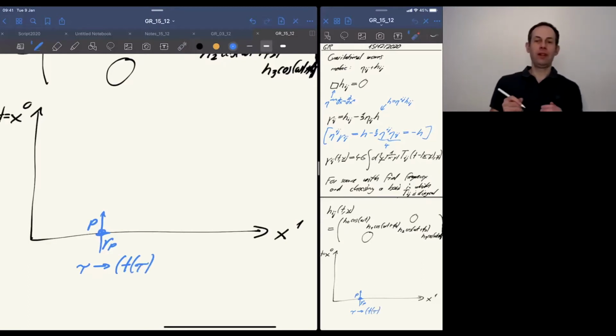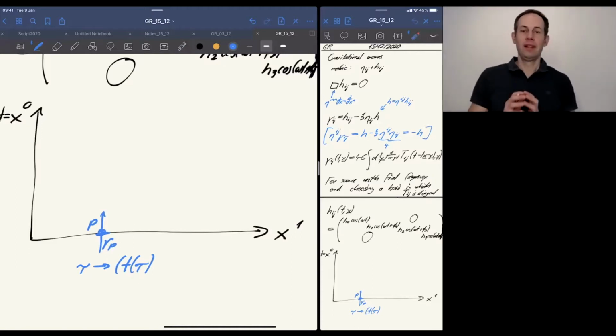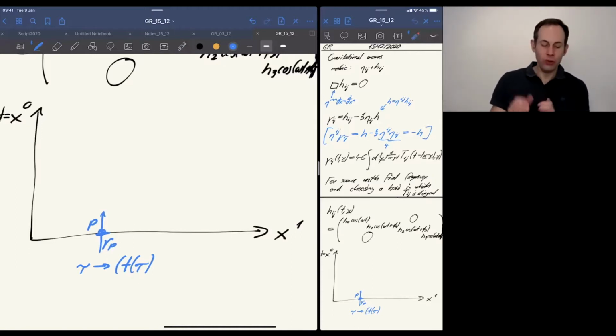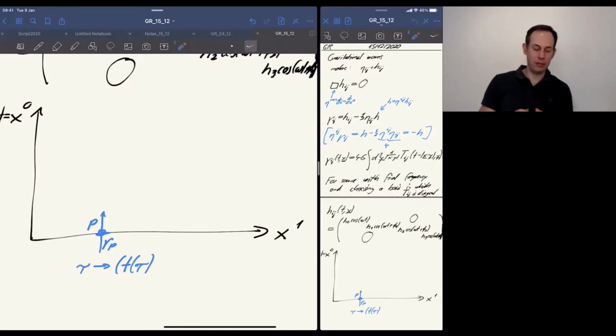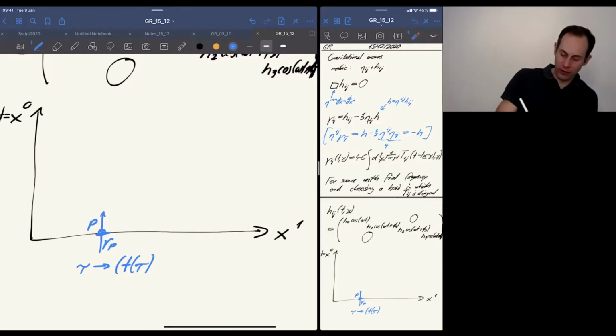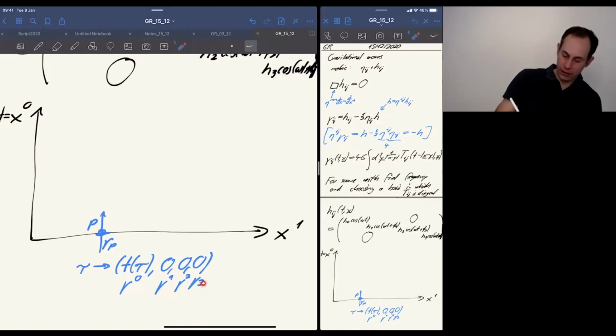If I had chosen nice coordinates, I could choose t equal to tau, but the coordinates are already given, so I just assume that it's some t that depends on tau. I'm not further interested in this t, but I want it to move up. Moving up means all the other coordinates are 0. So in coordinates that's gamma 0, gamma 1, gamma 2, gamma 3. That's the general notation, just to make the connection here.